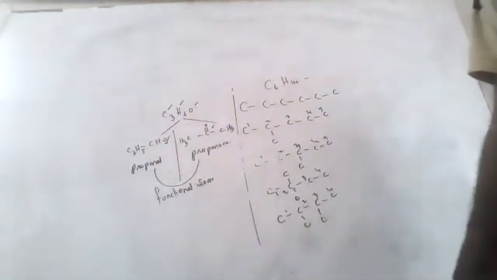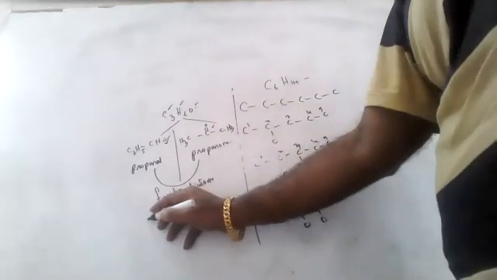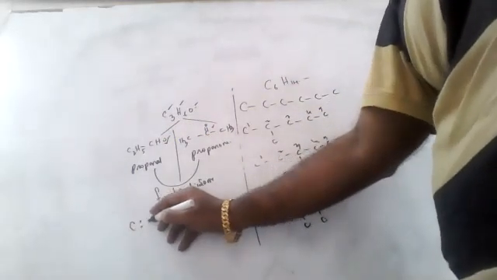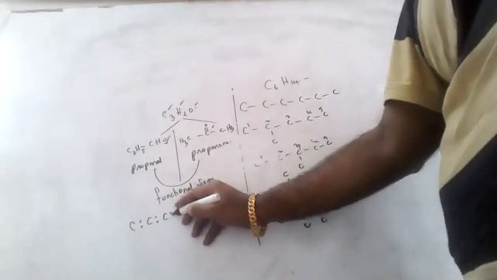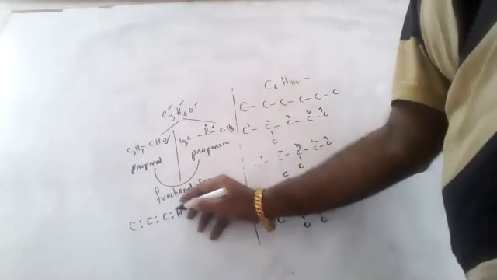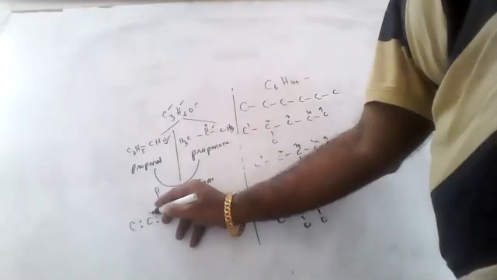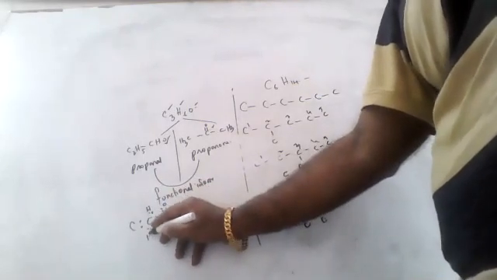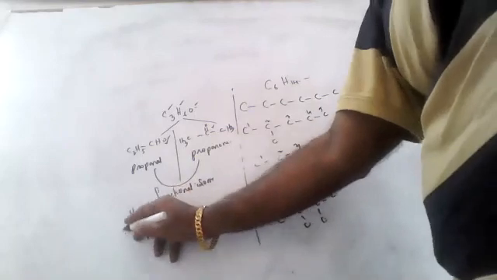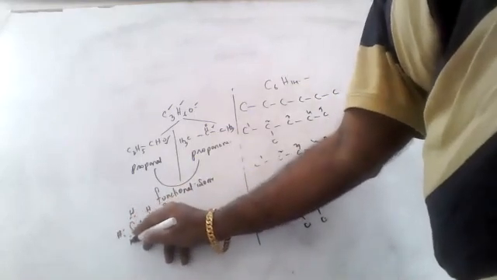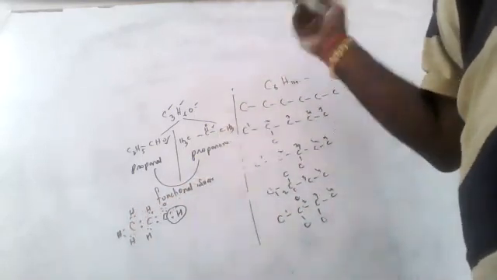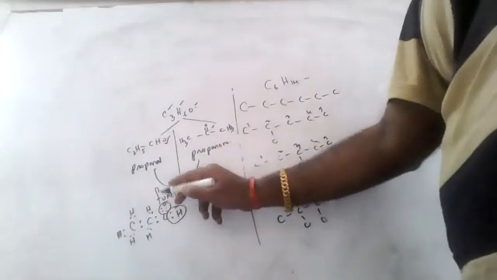Okay, they are asking for the dot structure, children. Dot structure of propanone. C, C, C, and oxygen. Hydrogen will get what stability, children? Helium stability. Oxygen will get what stability?